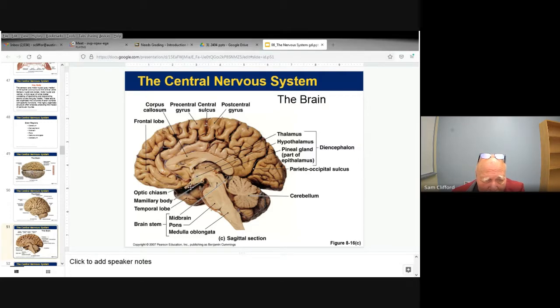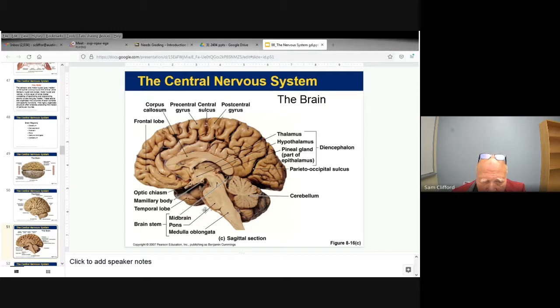The optic chiasm is where the optic nerves from the back of the eye cross on their way back to the occipital lobe where the visual cortex is. Then we have the brain stem, with the midbrain just below the thalamus and the epithalamus and the hypothalamus.